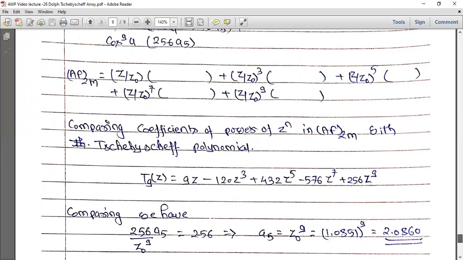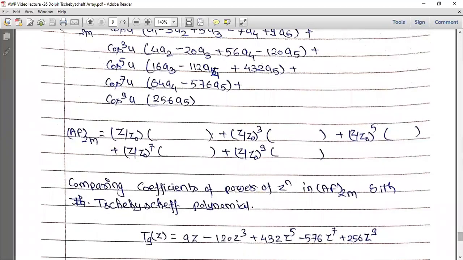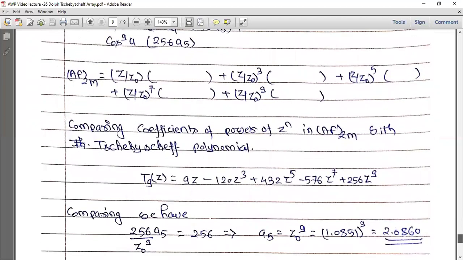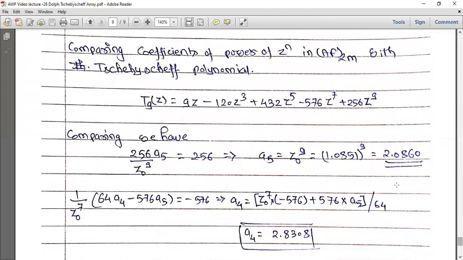In this particular case, when you replace cos u by Z by Z0, you have Z to the power 9 upon Z0 to the power 9 into 256 A5. So when we compare the coefficient of Z to the power 9 in the array factor and in T9(Z), which is 256 here, you find that A5 is given by 2.0860.